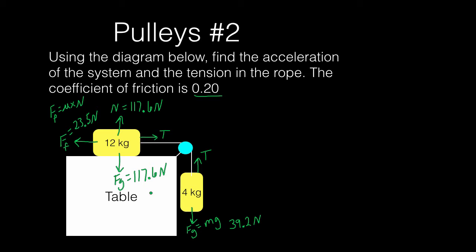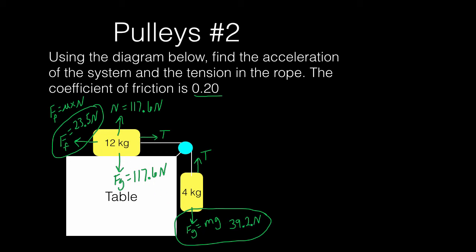And when we get to this point, it's important to look at two forces. One of the forces is going to be this force of gravity hanging from this mass, and the other force is going to be the force of friction that is experienced by this mass. And what you want to do with these two forces is to compare them and see which one is larger.